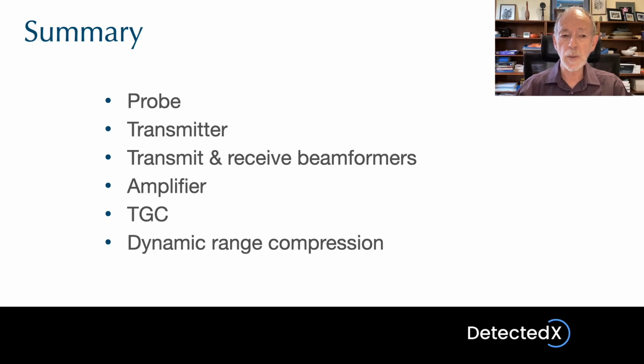I spoke about the TGC, the fact that the machine has an internal TGC function correcting for the attenuation of normal tissue, and then you have a set of sliders, which is the manual TGC function, which you use to fine-tune the image to correct for variations between different tissues and different patients. And then finally, I've explained the idea of dynamic range and the idea of the machine compressing the dynamic range of the echo signal to match what can be displayed.